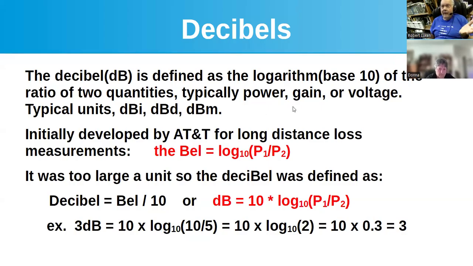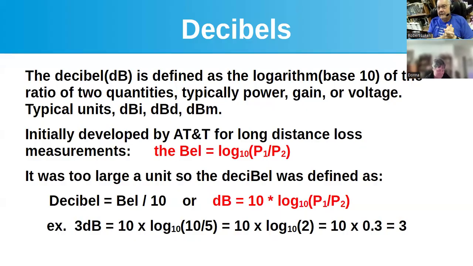So AT&T came up with this scheme with their long distance telephone line division as a way to measure loss in the transmission system. To honor Alexander Graham Bell, they came up with the Bell, which was the log base 10 of the ratio.